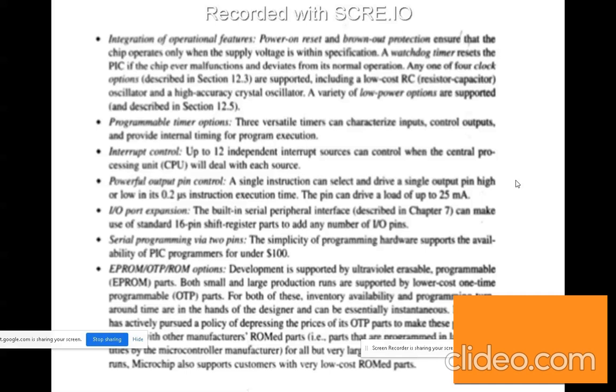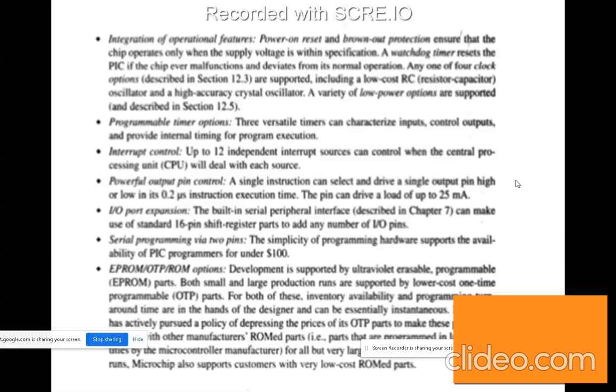So a variety of low power options are supported. That means by using the oscillator, it will not consume more power. So limited power is only used. Then programmable timer option. So three versatile timers can characterize input, control output, and provide internal timing for the program execution.